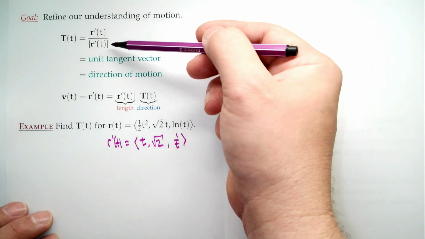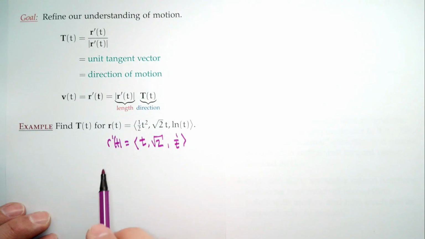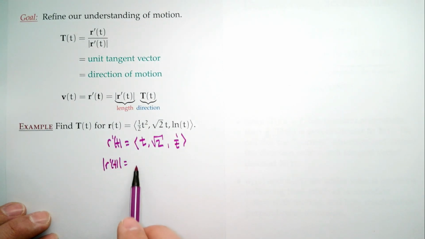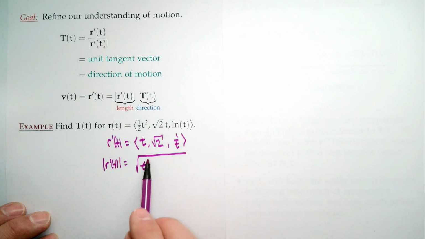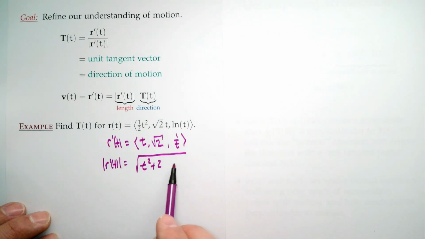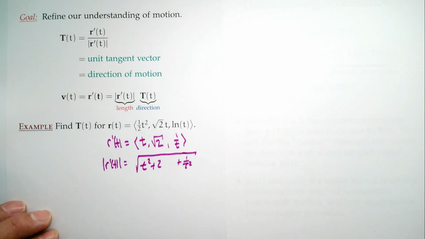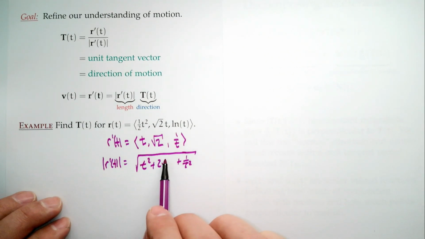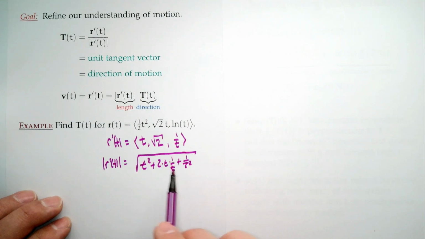The next thing is the magnitude of r prime. So the magnitude of r prime of t is equal to the square root of t squared plus 2 plus 1 over t squared. And this is actually one that we saw before. I think we saw this in our last session. It turns out that this is a perfect square, because you can imagine the inside term being t times 1 over t.